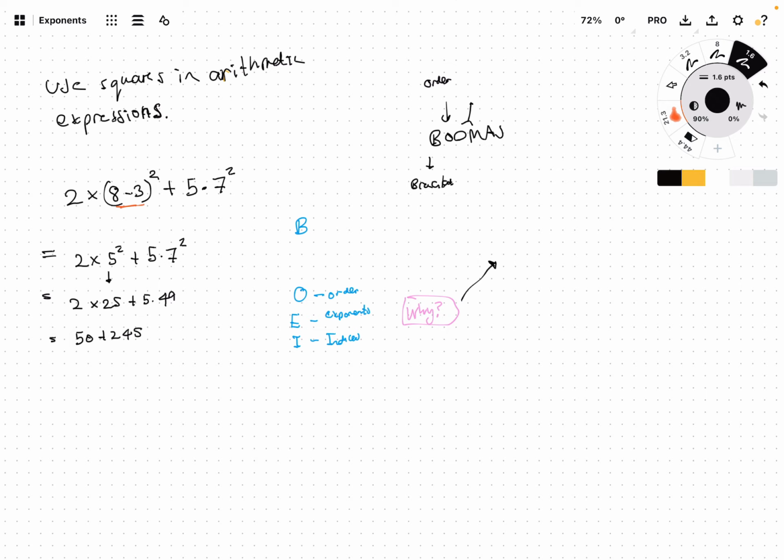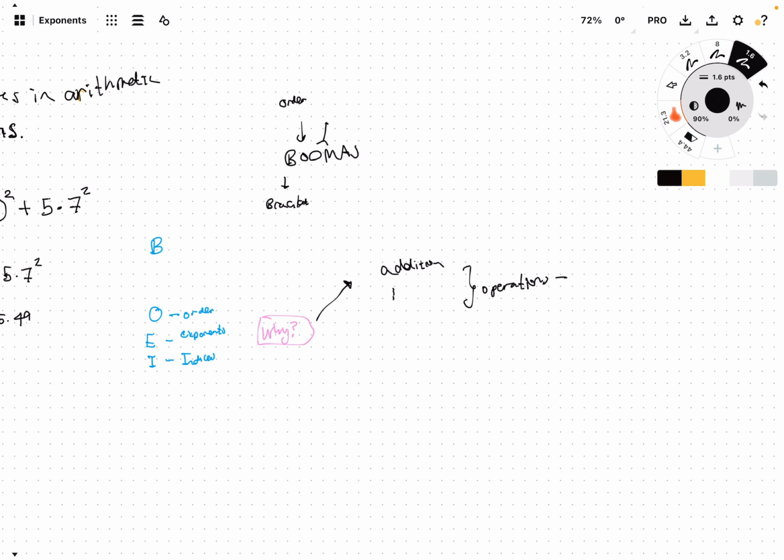There's no simple answer. The idea is addition, multiplication, all these operations are functions. That means they take an input, and you put it into the function and it gives an output.